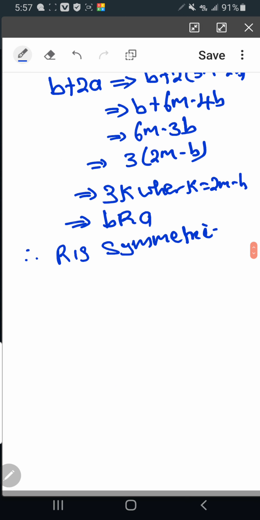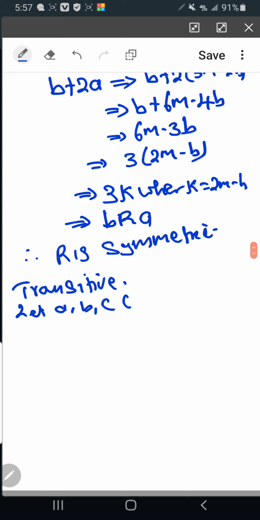We go for the transitive property, transitivity. Let a, b, c come from the set in which R is defined. Remember, all these a, b, m, k that we were using are coming from the set of integers.